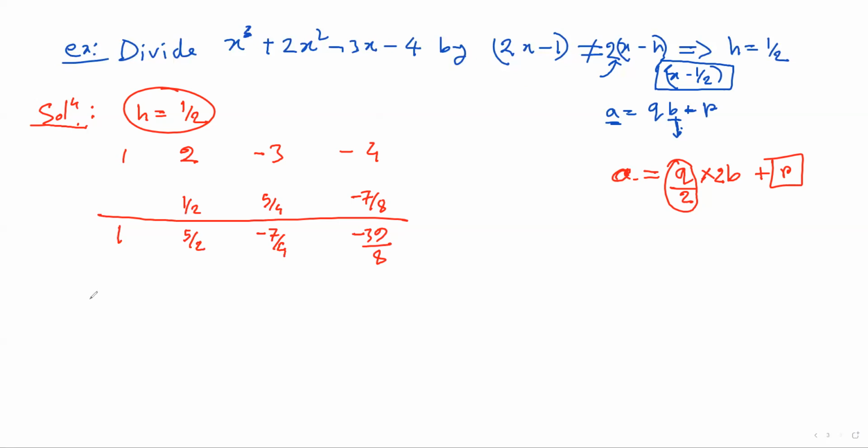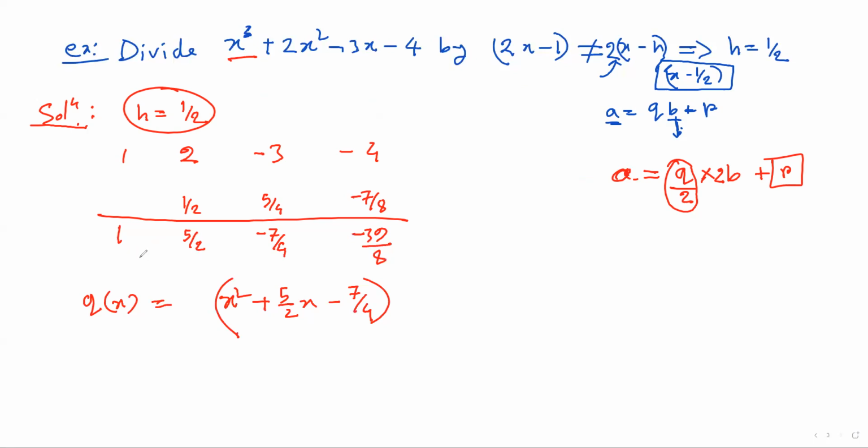So technically, according to this, the quotient should look like this. We divided x cubed by 2x minus 1, so we must start from x squared. So 1 times x squared plus 5 by 2 times x minus 7 by 4.